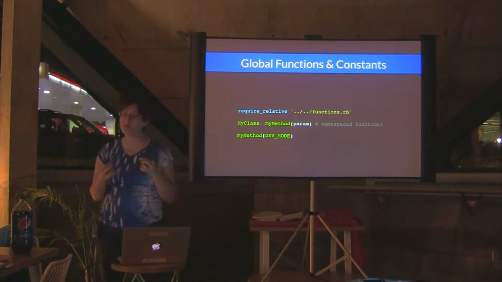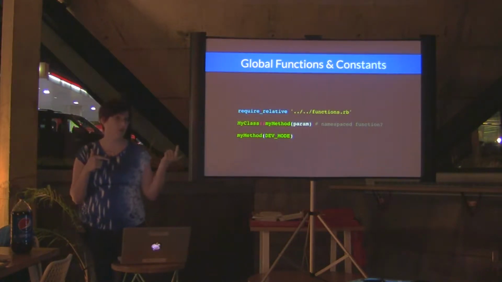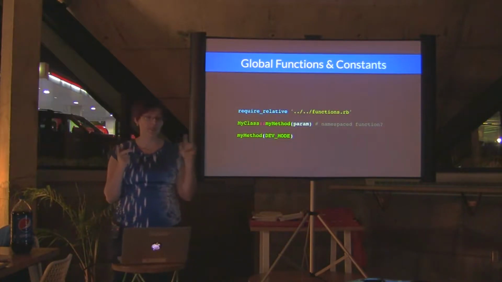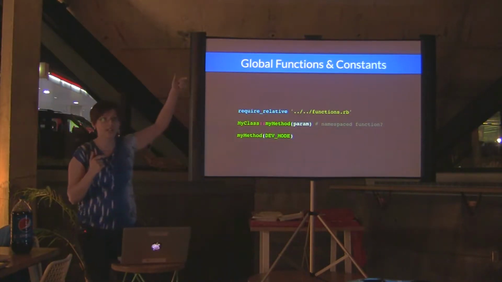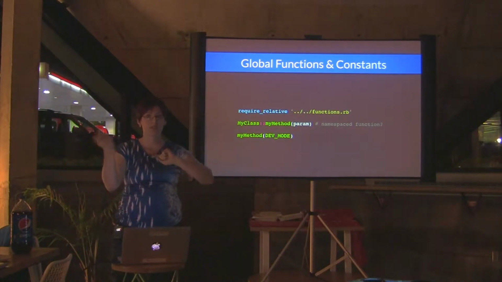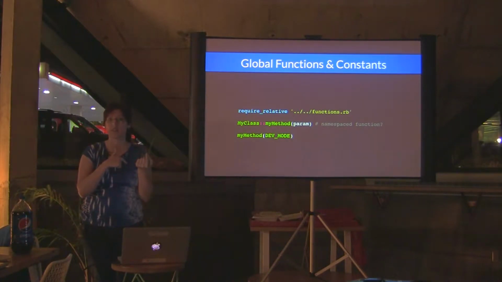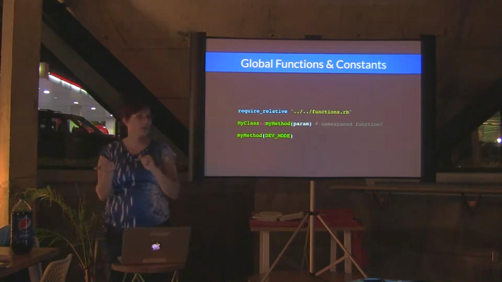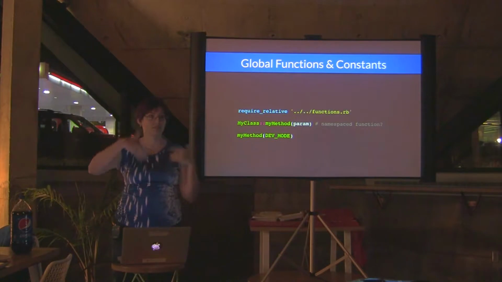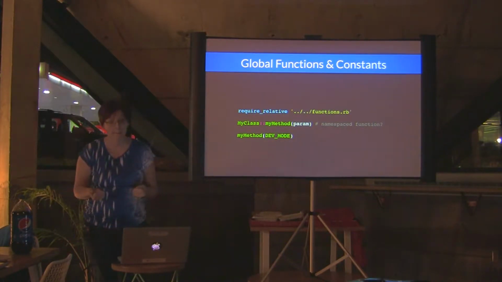I had a code base where somebody created that dev mode constant, but depending on which files they included, it could have been a different value. So between two requests, you could go from dev mode to production mode without even knowing, because you're including a different file that has a different value for it.